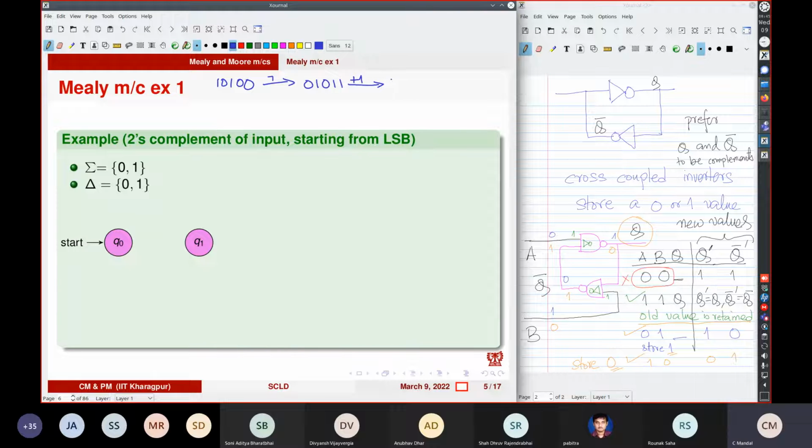Then you increment. So when you increment, this one becomes a 0, this one becomes a 0, and this one becomes a 1.